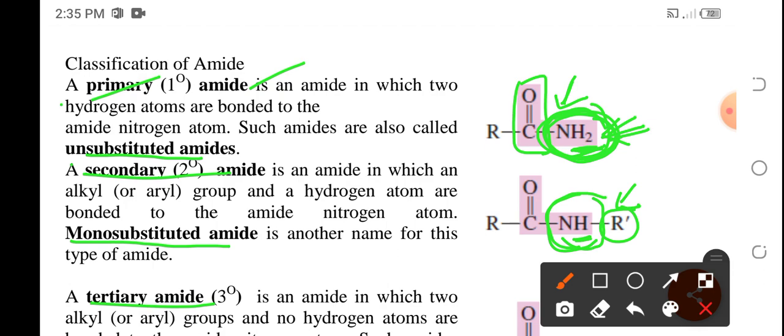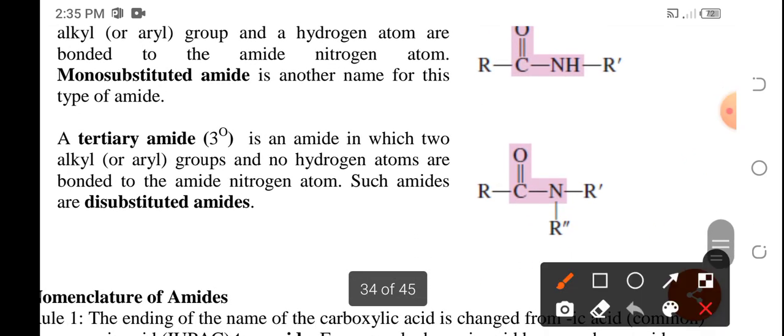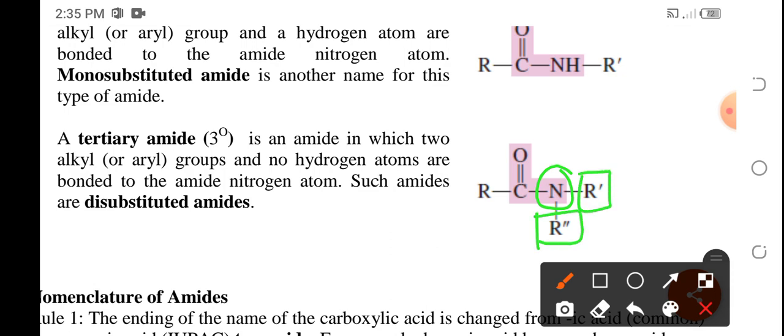For it to be a secondary amide, the amino group is bonded to the carbonyl group and another carbon atom, and it should only bear one hydrogen. For it to be a tertiary amide, the nitrogen in the amino group should be bonded to two other substituents and a carbonyl group. And this time, no hydrogen is attached to the nitrogen.